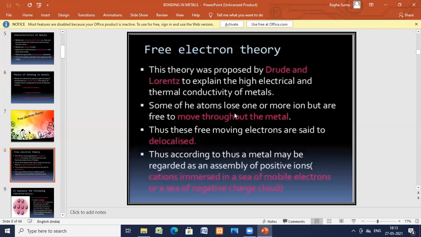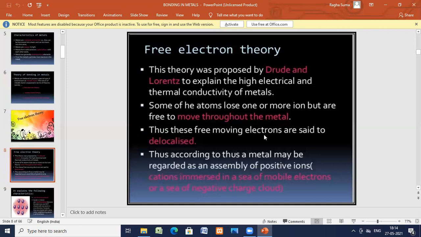Some of the atoms lose one or more electrons, but they are free to move throughout the metal. Due to these free electrons, you can explain the electrical conductivity.